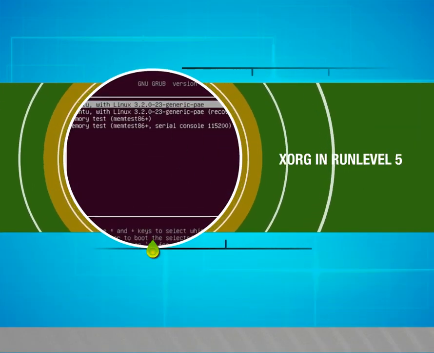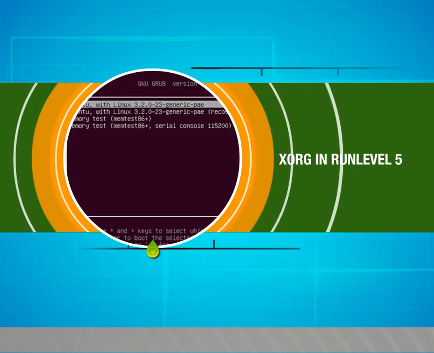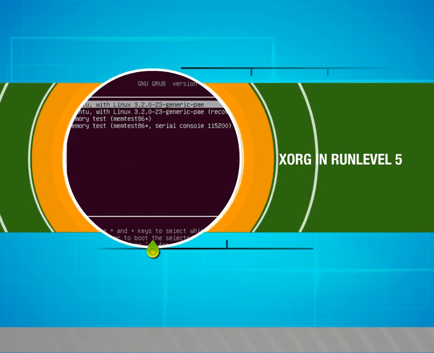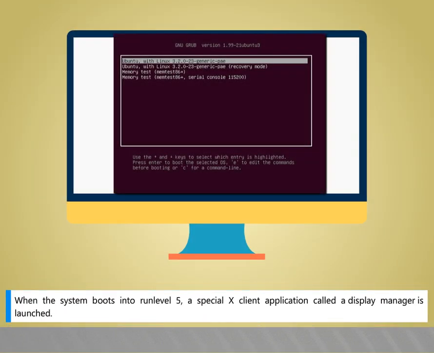XORG in Runlevel 5. In this video, we are going to see about XORG in Runlevel 5. When the system boots into Runlevel 5, a special X client application called a display manager is launched.